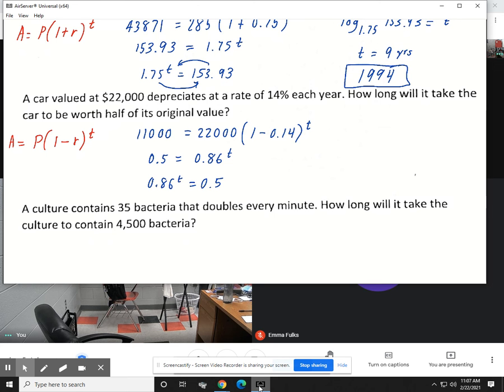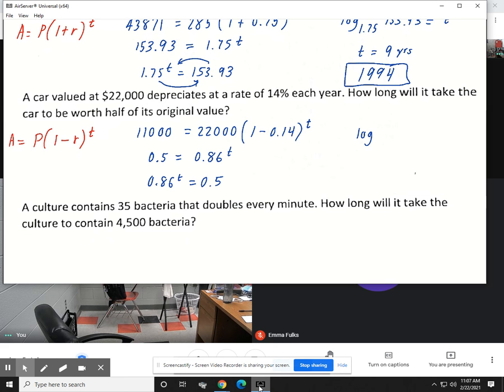So how do I solve this thing? Rewrite it as a log. So log, what's the base of my exponent? So log base 0.86 of what? Of 0.5 equals what?